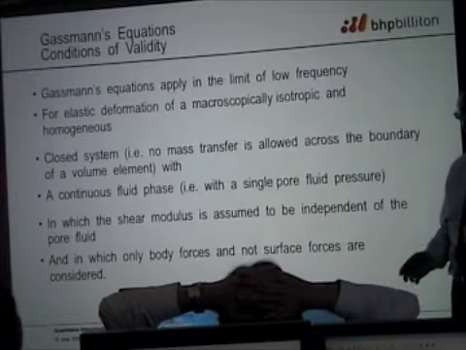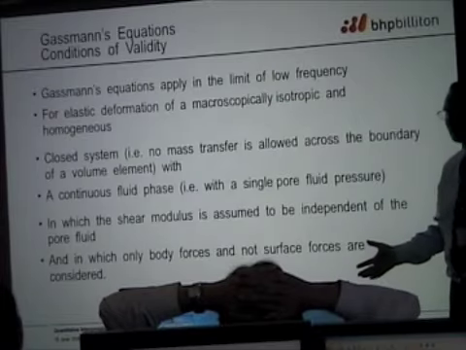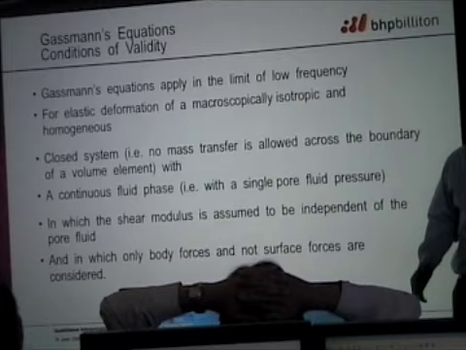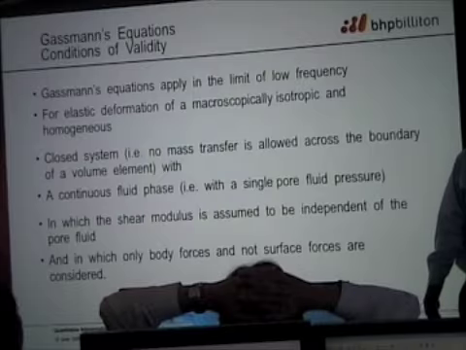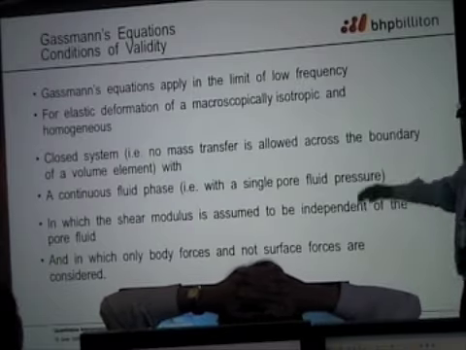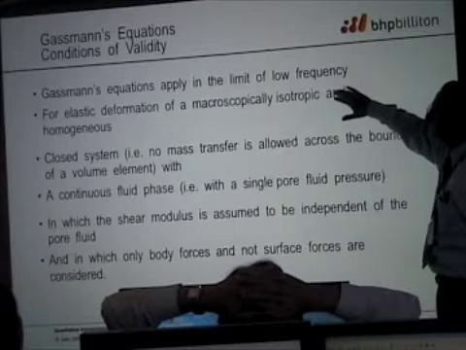There are some rocks where you could get down to 100 kilohertz or so, still higher than logging frequencies. And seismic bandwidth is 10 to 100 hertz, prospecting bandwidth. We are in the low frequency limit for seismic, so this is okay for us.